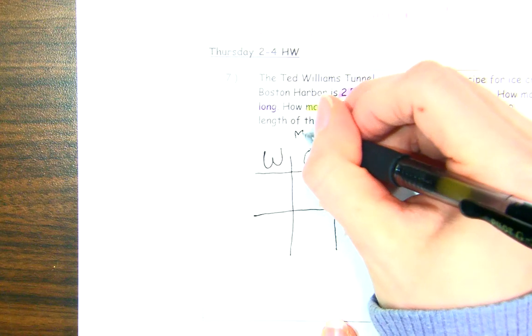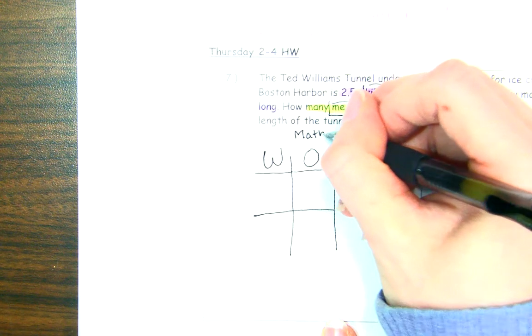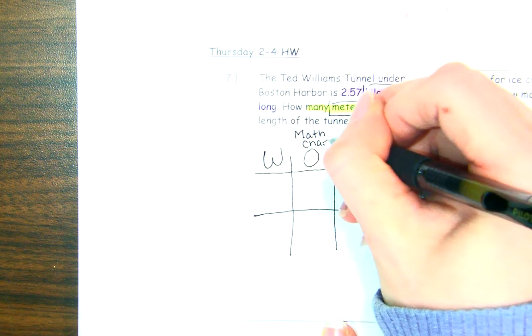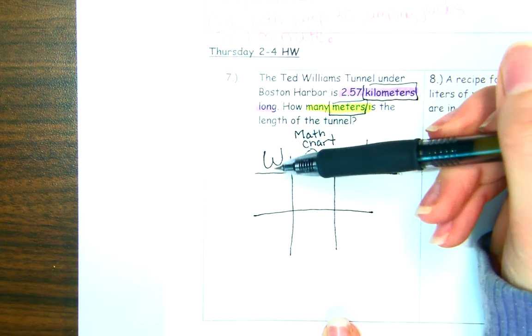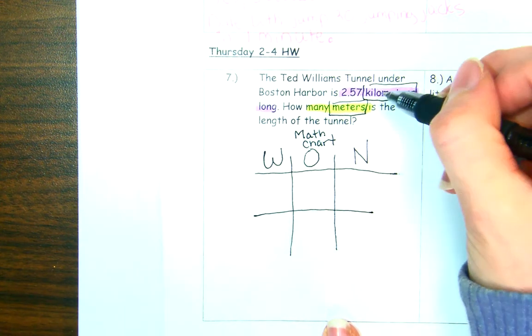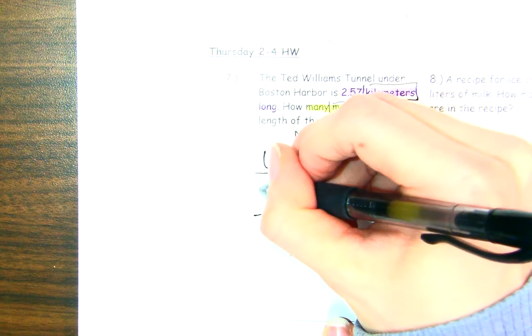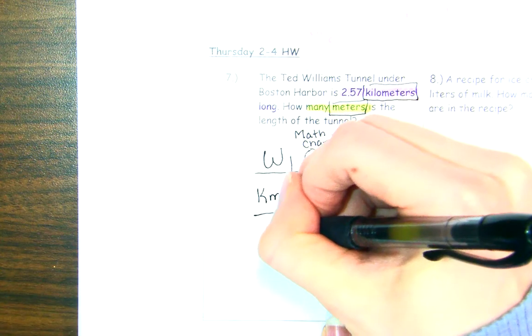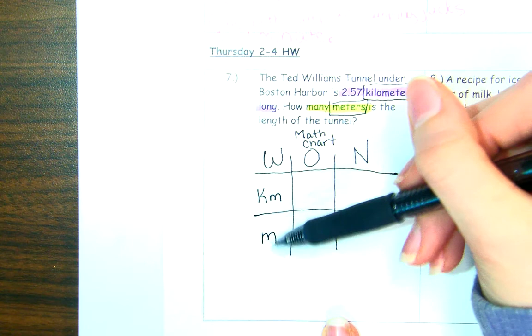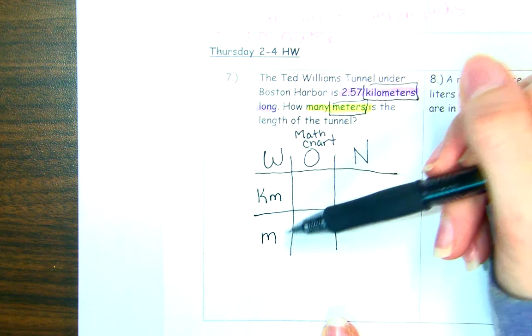So we want to make a note to ourselves that we need to refer to our math chart to get the original information. Our words here are that we are comparing kilometers to meters. And I abbreviated it the way that it is on your math chart.